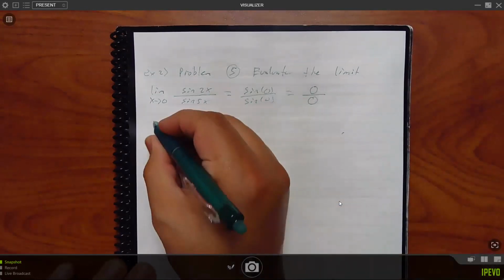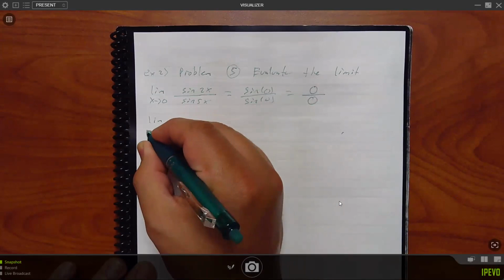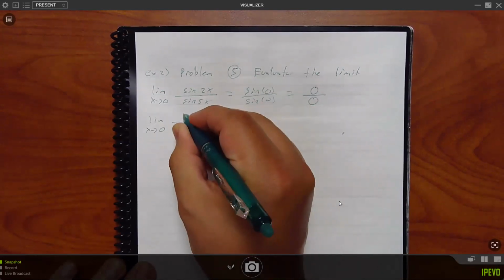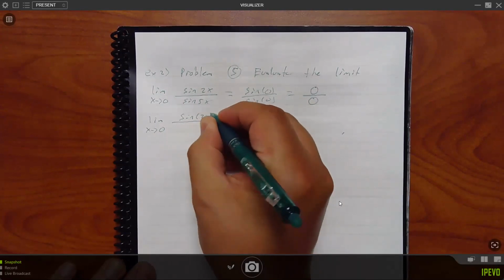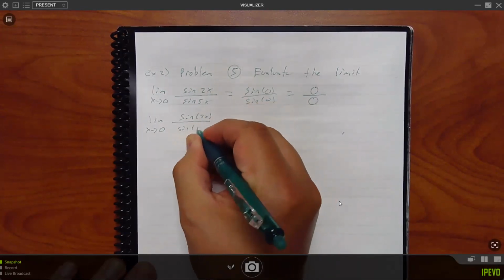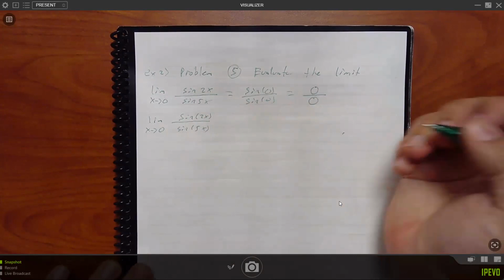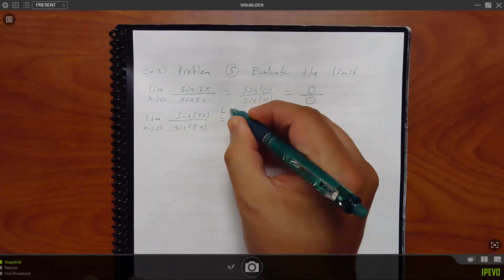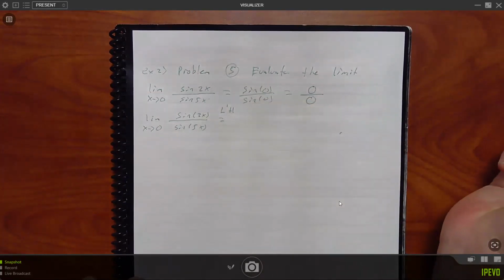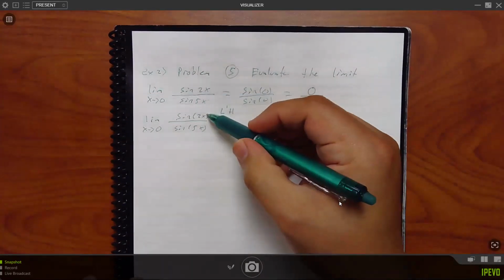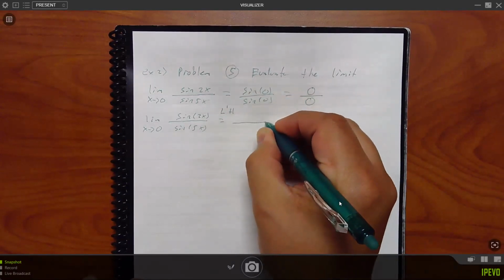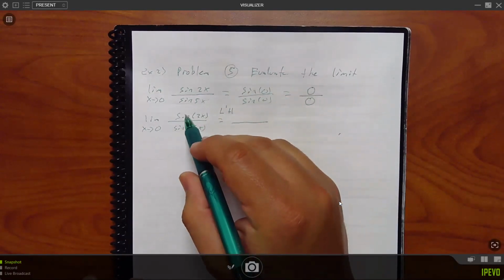So what we've got to do is take the derivative of the top and the bottom, and then take the limit and see if it's okay. And if it's not okay, you can technically do another L'Hopital. So here's the L'Hopital step. The derivative of the top is going to be a chain rule, right? What is the derivative of sine?